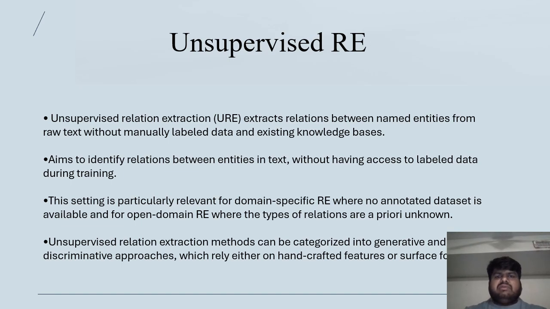Coming to the next slide, that is unsupervised RE. Unsupervised relation extraction is a way for computers to figure out how different things in a sentence are related without needing human-labeled examples to learn from. It's useful when there is no pre-made dataset available or when we don't even know what kind of relationship we are looking for, when exploring new information.